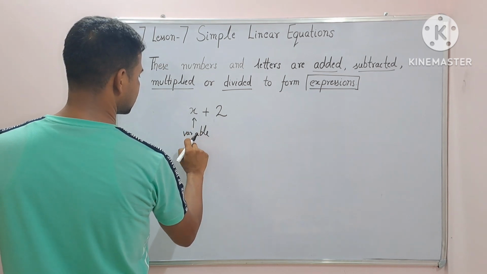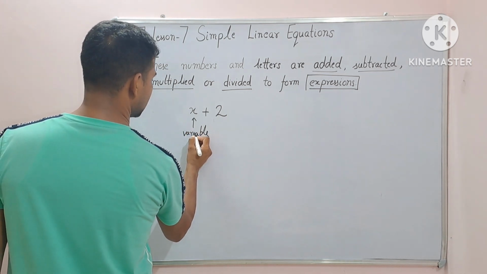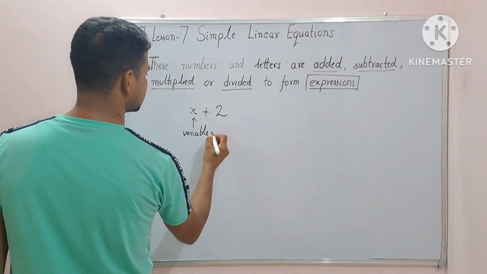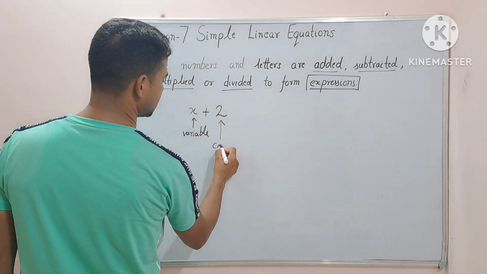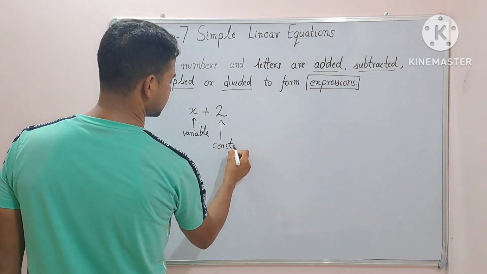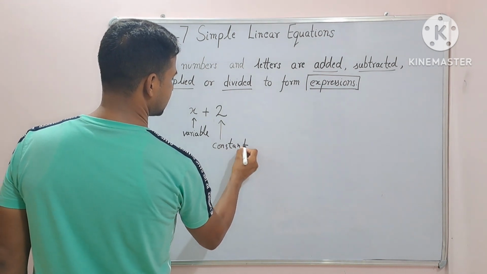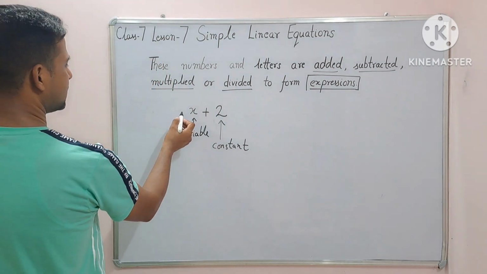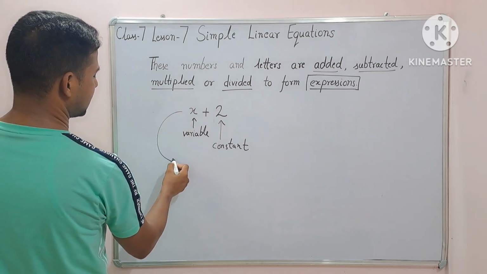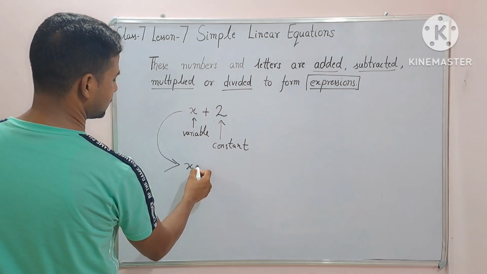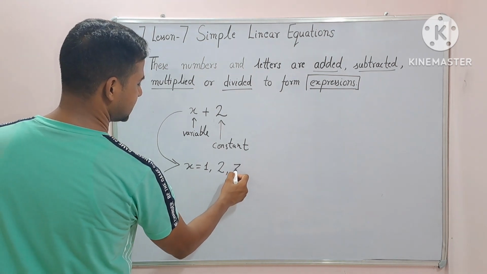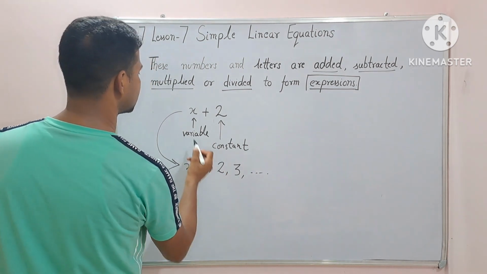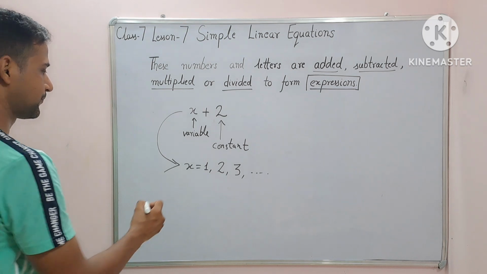Variable means its value can be changed. This 2 is always 2, a constant. For x we can put different values, like x equal to 1, 2, 3, any value can be put. Okay.